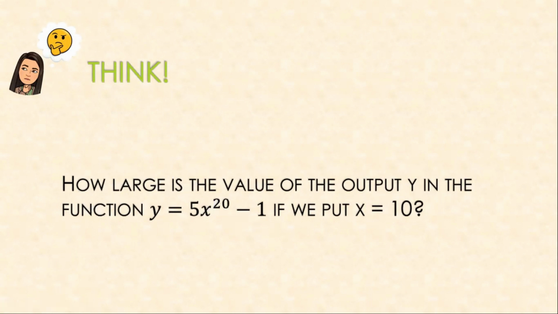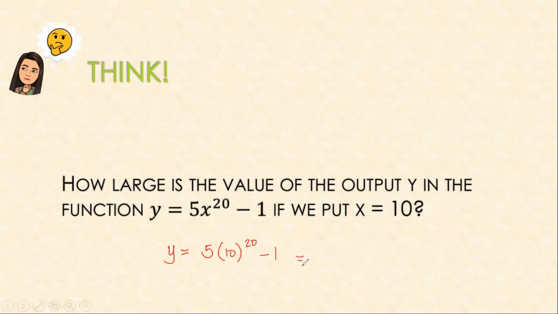So basically, if we're going to find how large the value is, what we're going to do here is we will just replace the x in the function with a value of 10. So therefore, it would look like this: 5 times 10 raised to 20 minus 1.